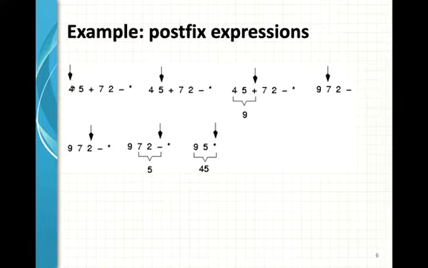Now first, if there is an operand, we just shift again. Here in this case the pointer is here, and this is also an operand. So nothing to do, shift again. Then in this picture the pointer is now pointing at the plus.